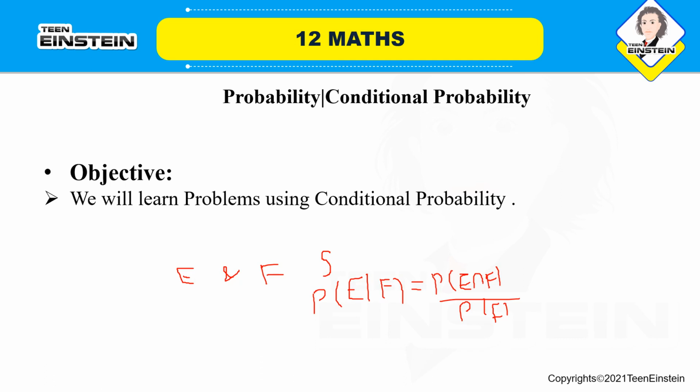How to find that? What is the definition of the probability of an event A? It is n of A by n of S, right?